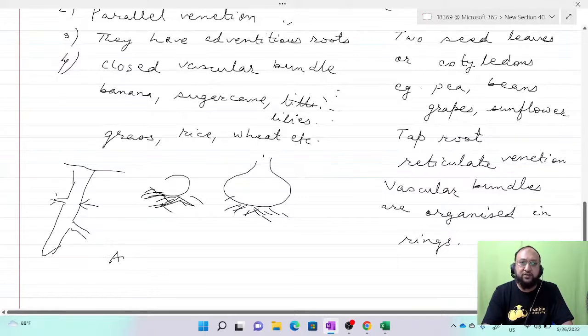So in the case of angiosperm, and here you will write gymnosperm.